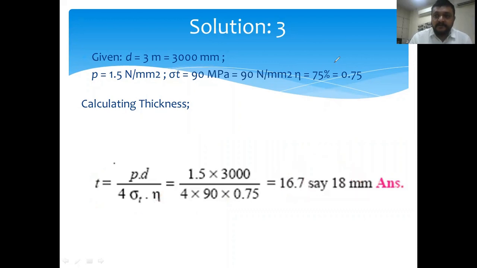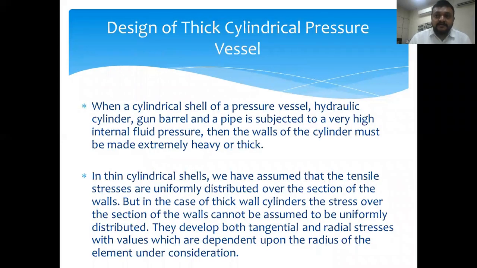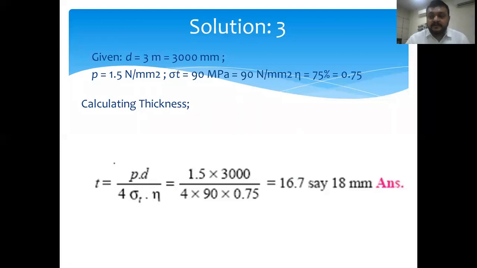So this is about the design of the thin cylindrical shell. Now, in the next video lectures, we will see the design of the thick cylindrical shell. So in a nutshell, in today's lecture, we have considered the design of the thin cylindrical pressure vessel and the thin spherical pressure vessel.